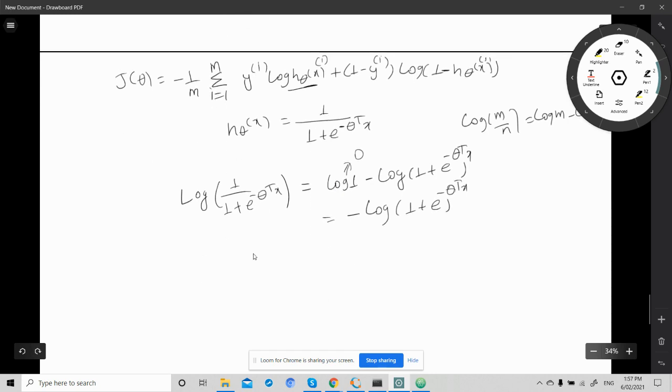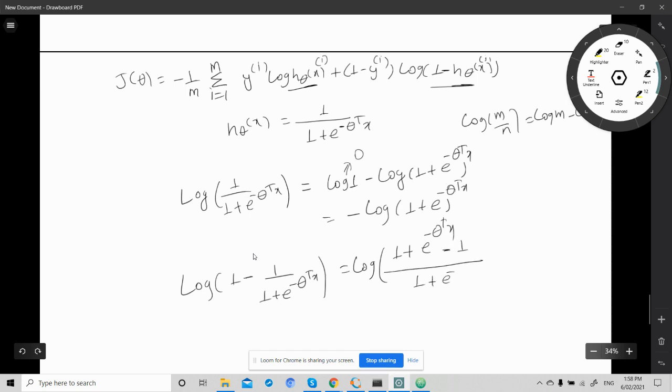Again, likewise for log of 1 minus 1 by 1 plus e to the power minus theta transpose x, it will be log of 1 plus e to the power minus theta transpose x minus 1 divided by 1 plus e to the power minus theta transpose x. This will be cancelled out.